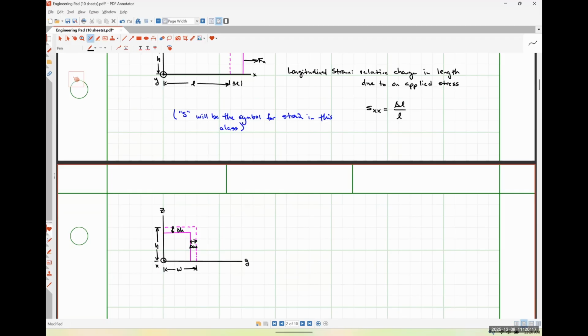So that our transverse strain is the relative change in the lateral dimensions of a body due to an applied stress.